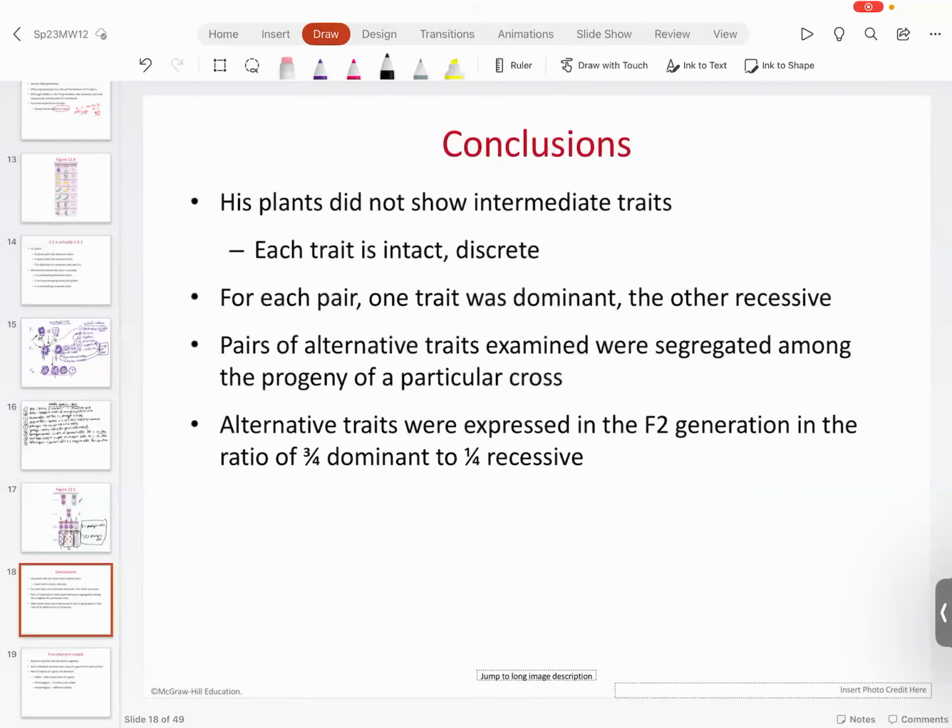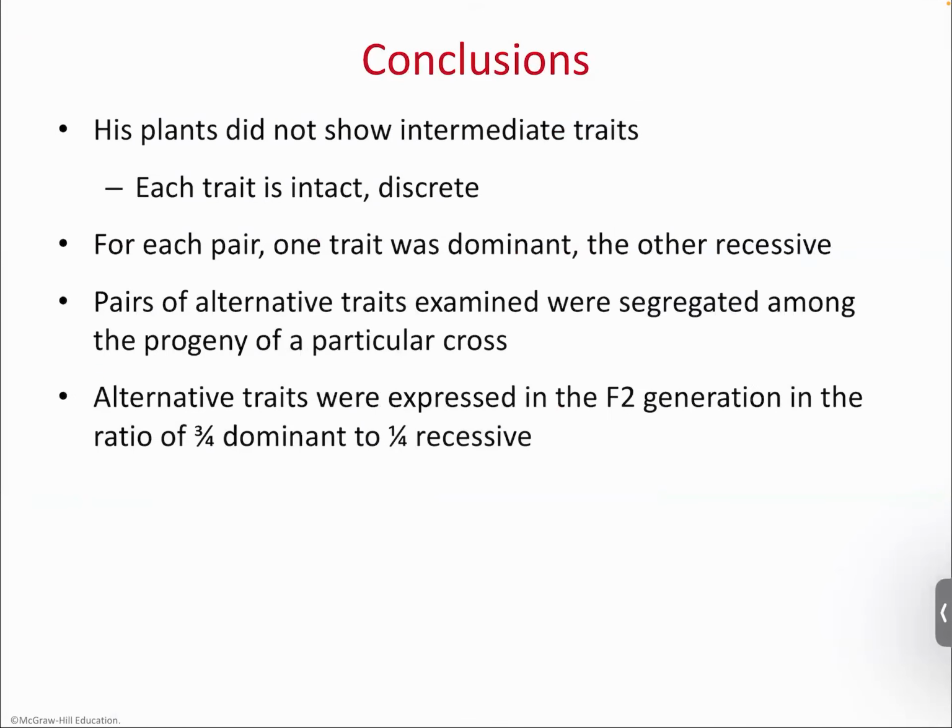Okay. So what are his conclusions? Basically, he pinned down the dominance recessive relationship. That's one of the things that he pinned down. And he also really looked at segregation, right?